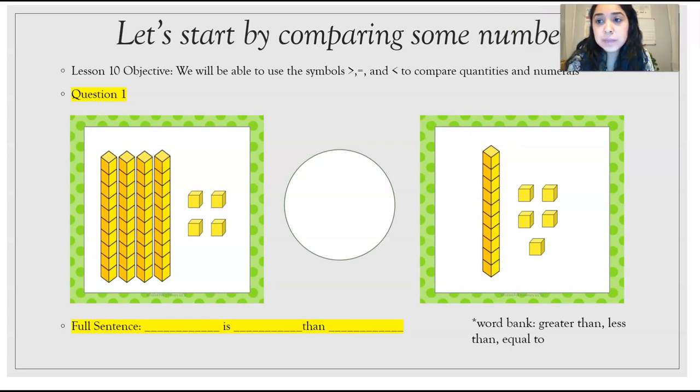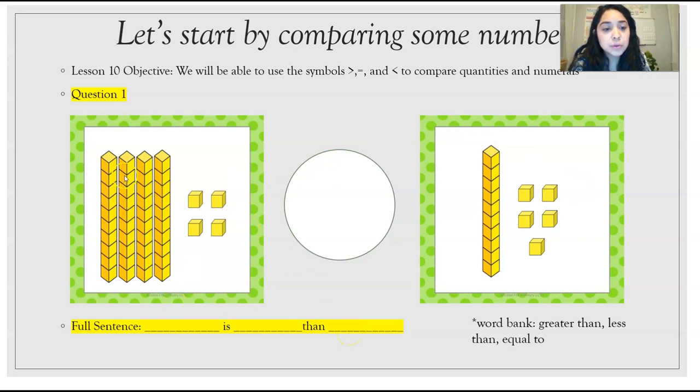So for our first math problem that you guys are going to complete, you guys are going to compare two numbers and use the greater than, less than, or equal to sign. And you guys are going to be able to place it in here on Google Classroom. You'll be able to have your own slide, so you'll be able to place the numbers in here and label it.